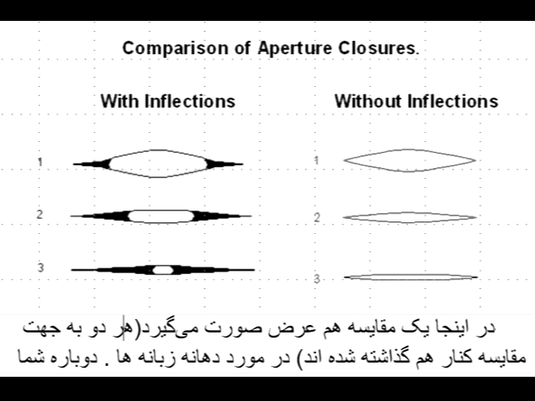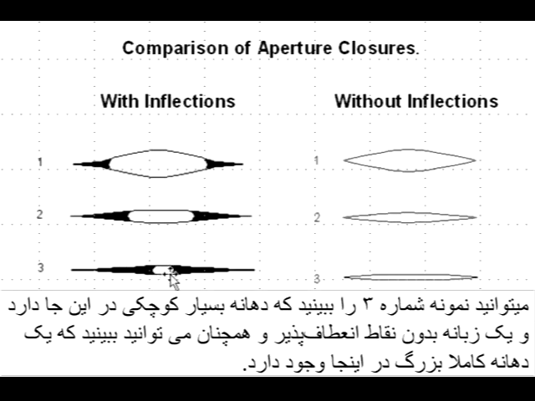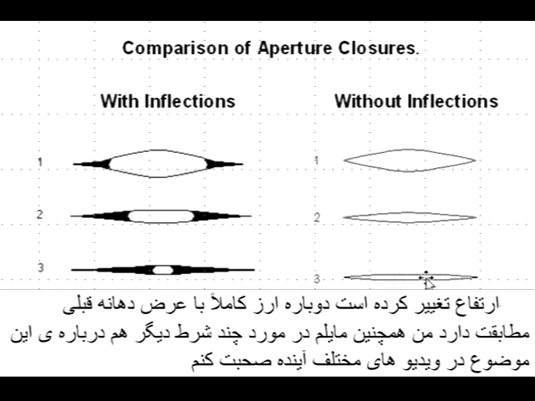Now, here's a comparison side by side with the openings of the reed. And again, you can see that reed number 3, we've got a very small aperture here with a reed with points of inflection, and then still a pretty large aperture here. The height has changed, but again, the width is pretty much the same for that particular reed aperture.